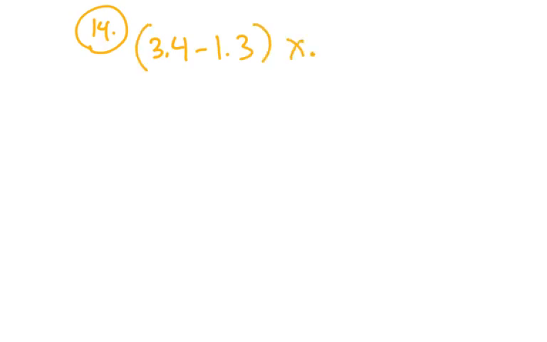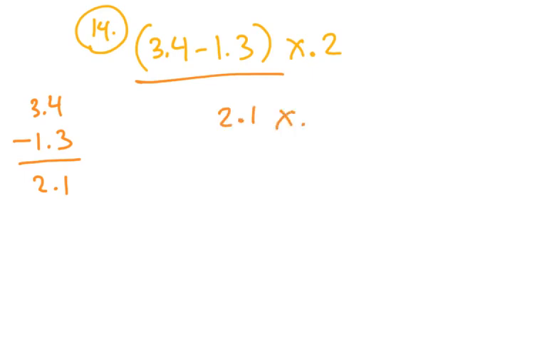The emphasis here is that we want to go ahead and do the parentheses first. So we're going to do 3.4 minus 1.3, which is going to give me 2.1. So we have 2.1 times 0.2.